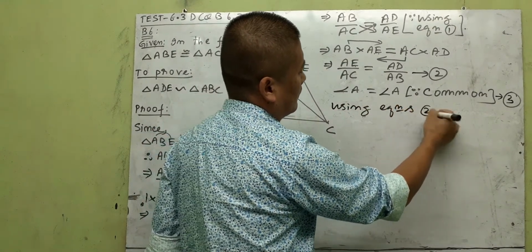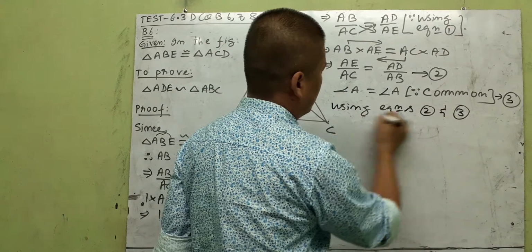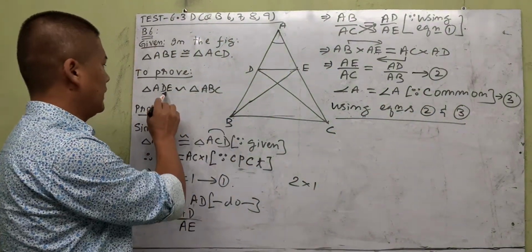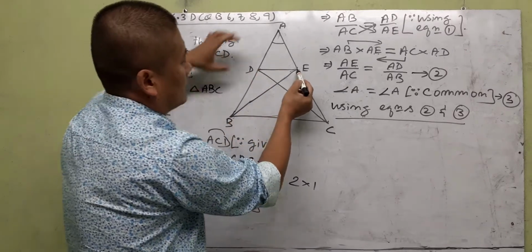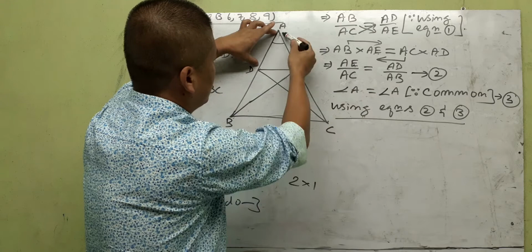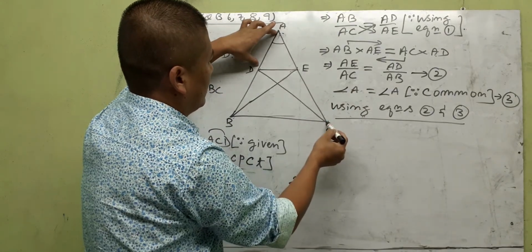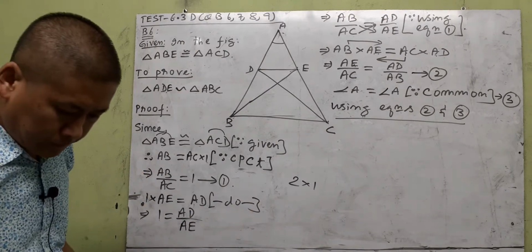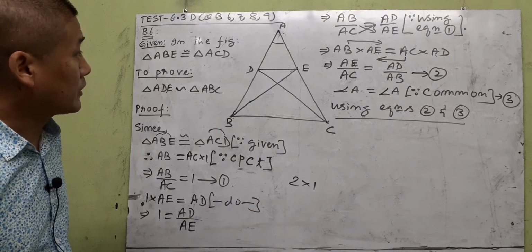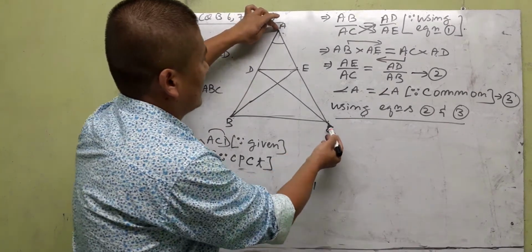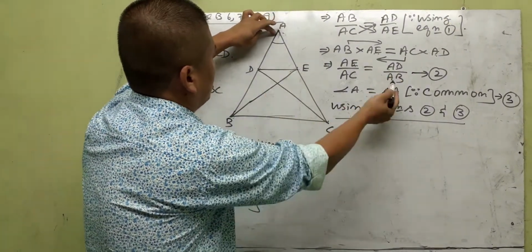Now using equations 2 and 3, observe carefully that in this triangle ADE, these two here AE by AC of the big triangle, and then AD of the small triangle, AB of the big triangle.